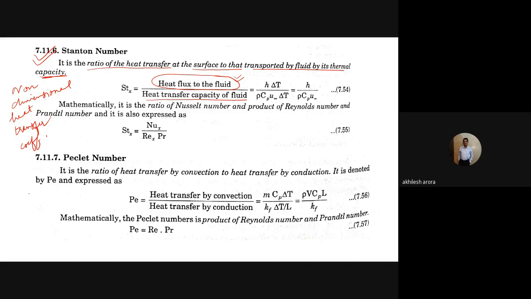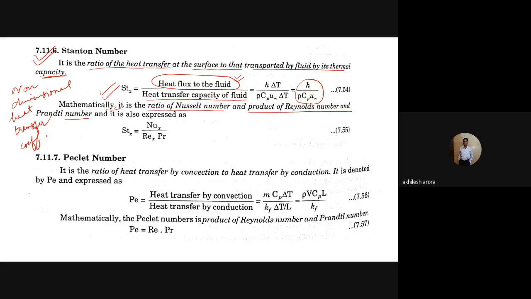So you can see it here. It is coming out to be h over rho Cp U infinity. When you try to find out the units, there are no units actually. So it's a non-dimensional heat transfer coefficient. Or mathematically, it is the ratio of the Nusselt number and the product of Reynolds number and the Prandtl number.